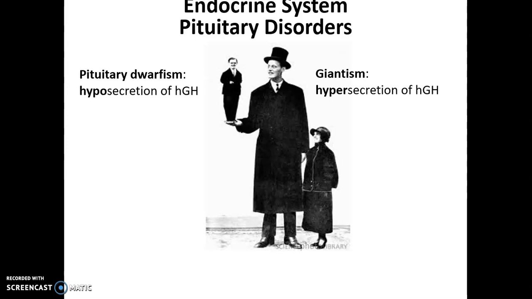So they just look like a very small person, a very small adult when they're grown up. Giantism is the hypersecretion of human growth hormone. So hypersecretion produces a lot of growth hormone, and so these people grow significantly taller than would be expected. But again, their body is proportionally correct for their size.